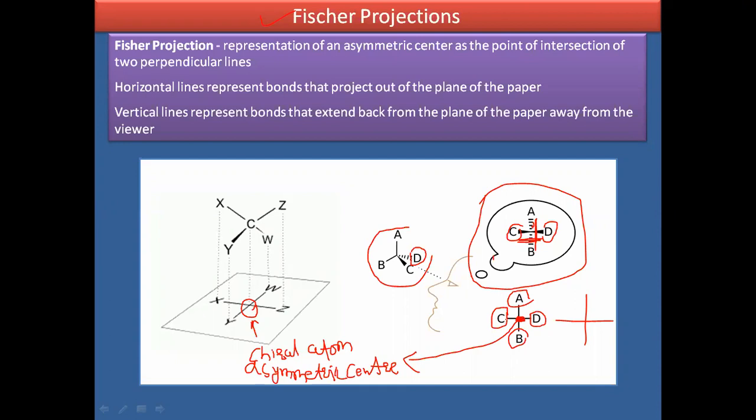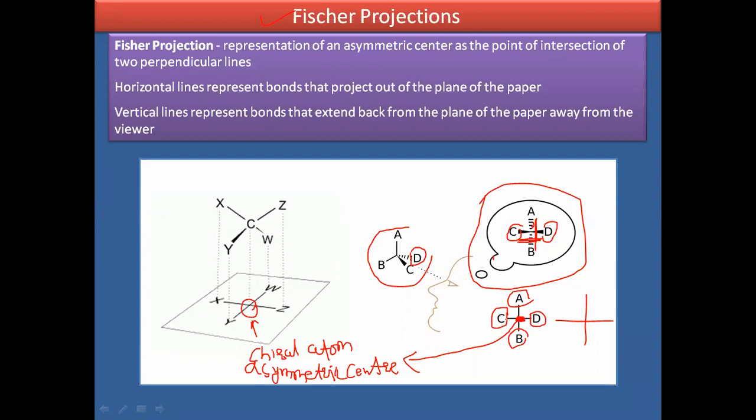This intersecting point indicates the asymmetric center, and that center lies in the plane of the paper. In short, horizontal lines are above the plane of the paper, whatever groups or bonds are present in vertical lines are below the plane of the paper, and the asymmetric center is present on the plane of the paper.